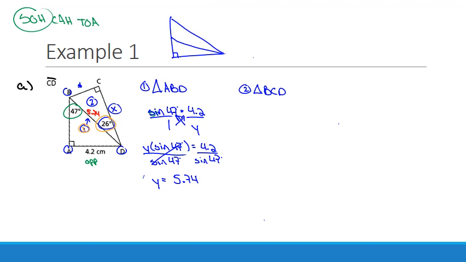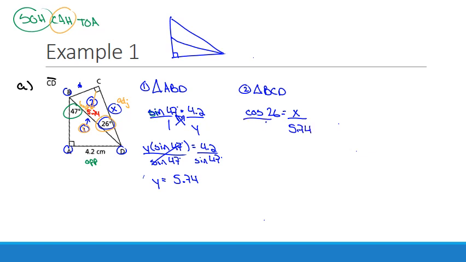Now that I know that, the side I'm looking for becomes the adjacent leg because it's the leg right beside it. And the 5.74, if you notice, is right across from the right angle, so that ends up being the hypotenuse. So I have an adjacent and a hypotenuse. That means cosine. I don't think we've had to use cosine much lately. So cos 26 degrees equals my adjacent, which is x, over my hypotenuse, which is 5.74.